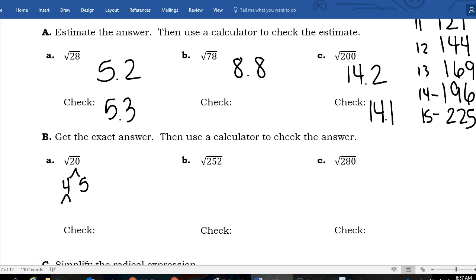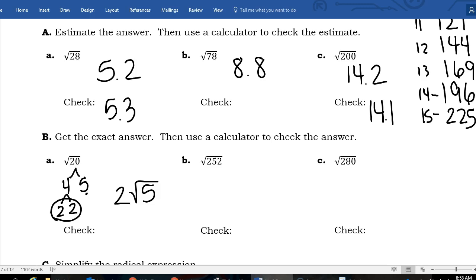And I think the easiest way to do that is keep breaking it down until you get a pair of numbers, and then that pair of numbers is what you're going to pull out of the radical. The radical stays, and then whatever doesn't get pulled out stays under the radical. So when I got a pair of 2's, I pulled it out of my square root symbol, a single 2 for the pair, and then the 5 stays underneath.